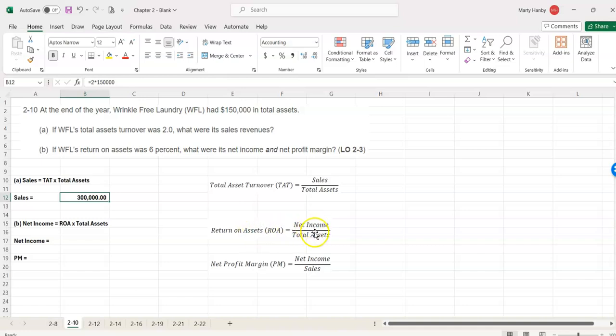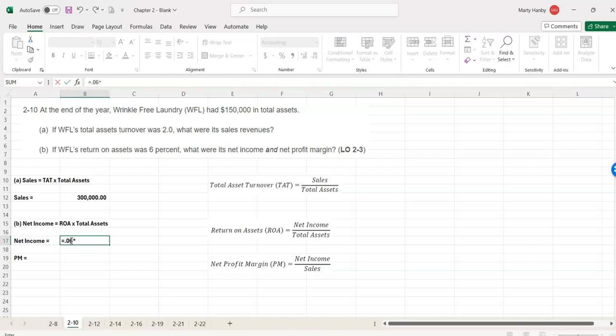So ROA is net income divided by total assets. So we multiply both sides by total assets, and we end up with net income is equal to ROA times total assets. So equals 0.06 times total assets of 150,000.